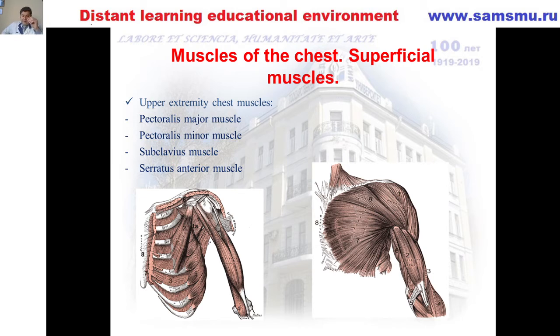Together with the rhomboid muscle, which is also attached to the medial border of the scapula, it forms a wide muscular loop embracing the trunk and pressing the scapula to it. Contraction of the whole serratus anterior muscle, simultaneously with the muscles of the back, the rhomboid and trapezius muscles, immobilizes the scapula by pulling it forward.